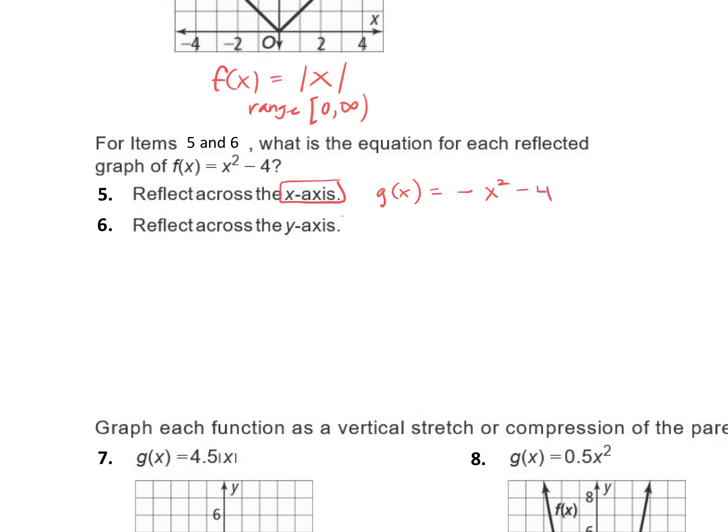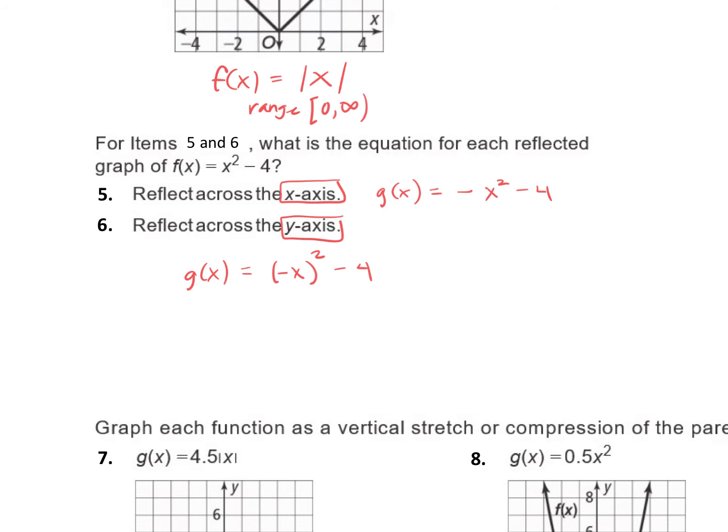When you reflect across the y-axis, where does the negative go? So our new function, the negative has to go inside with the x. So I'm going to create an inside with the x like that, so I can put a negative right there. And then we've got our squared minus 4. So the main thing we want to remember, if it's x-axis reflection, negative just goes out in front.